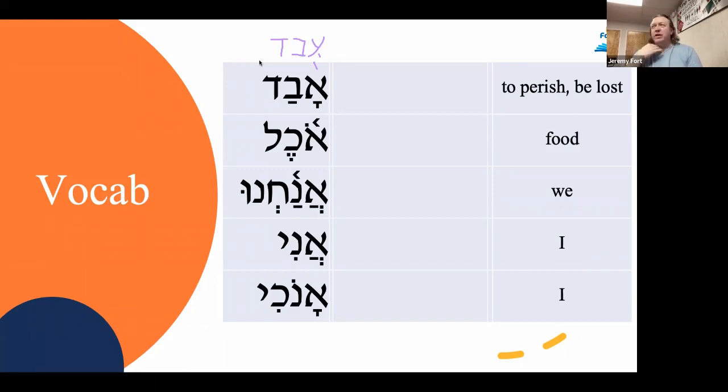So it's a soft G way deep in the throat. There's your nerd lesson for the day on the language. And if you aren't raised learning these as a child, then they're almost impossible to produce as an adult. Next, ochel.